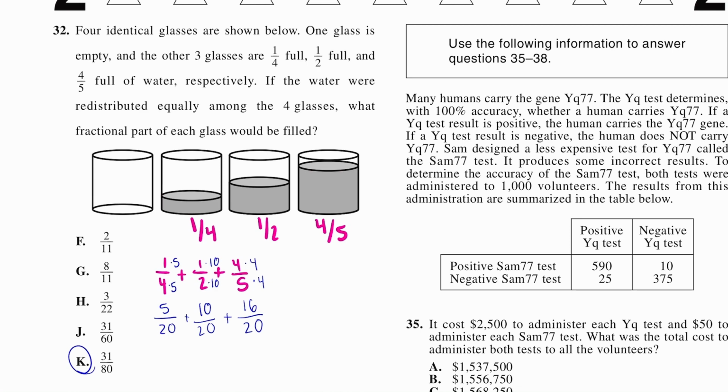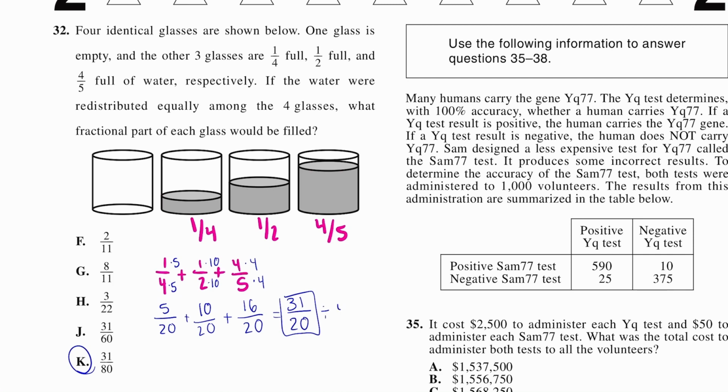So now we are going to add all of these up. 5 plus 10 plus 16 is 21. I'm sorry, 31 over 20. And now we need to take this and divide it by 4.